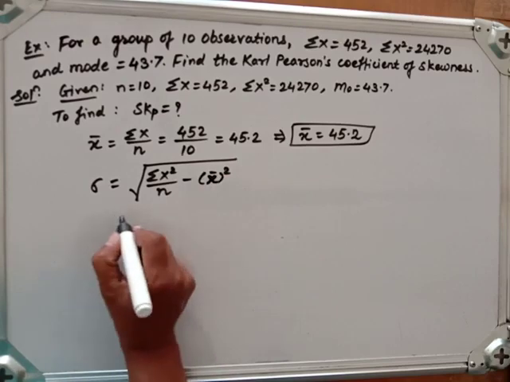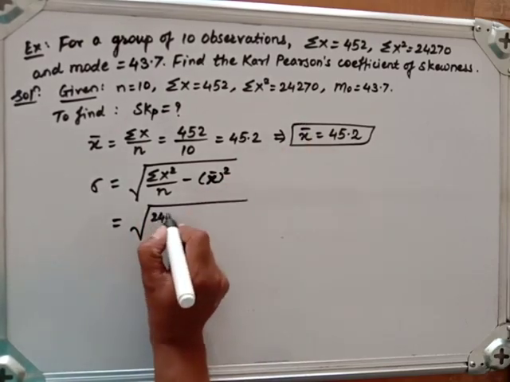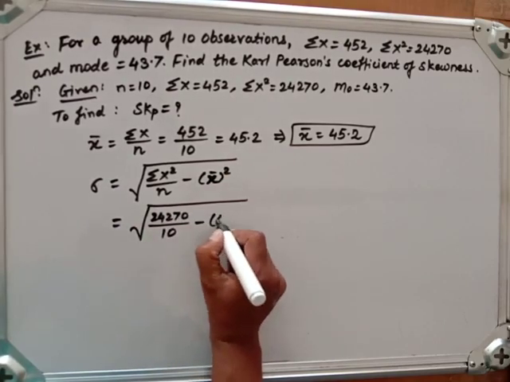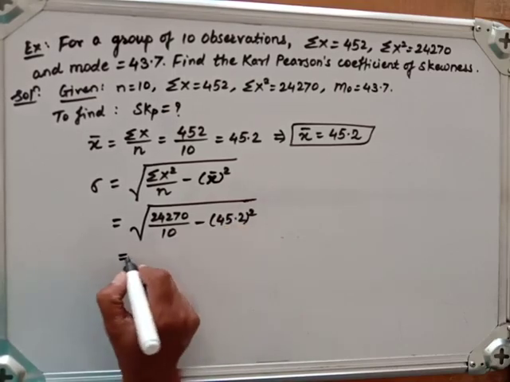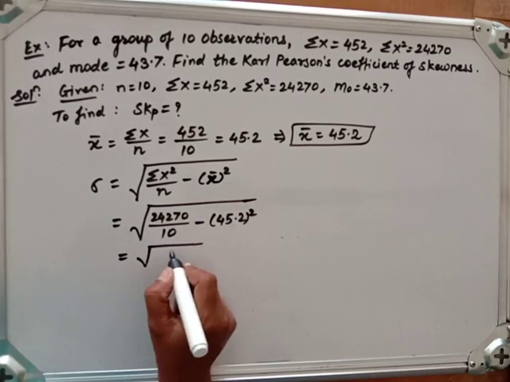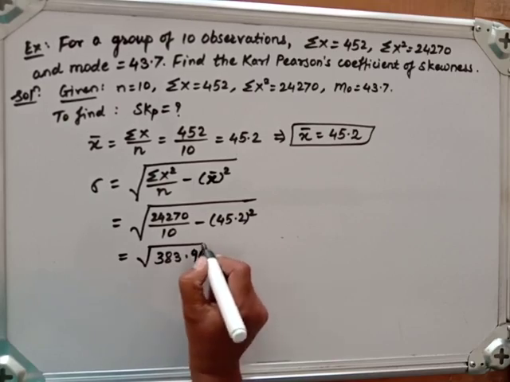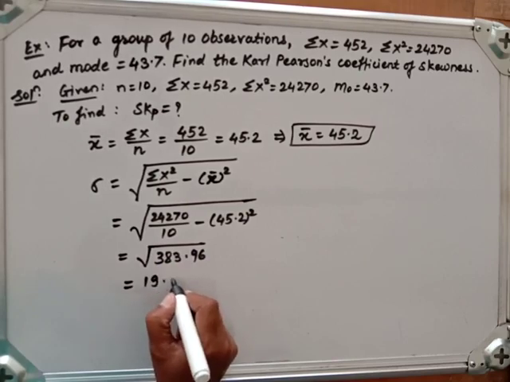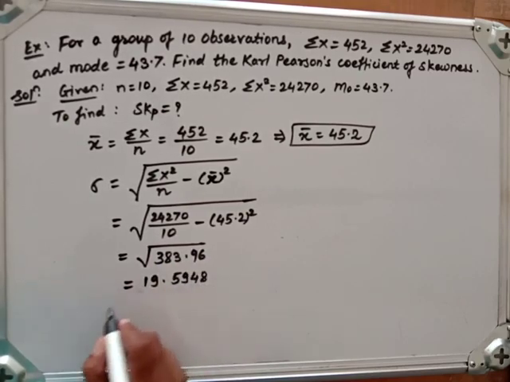So summation x square is 24,270 upon 10 minus x bar square, 45.2 its square. This simplification will be 383.96, and this positive square root we have to take. It will be 19.5948. So sigma is this.